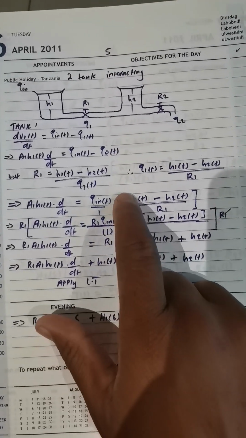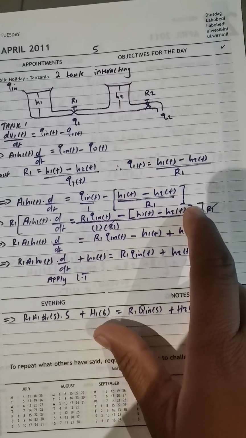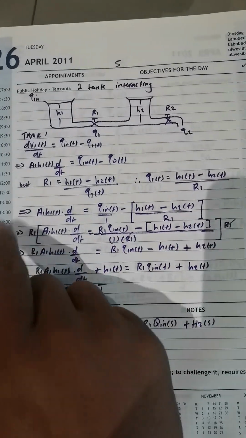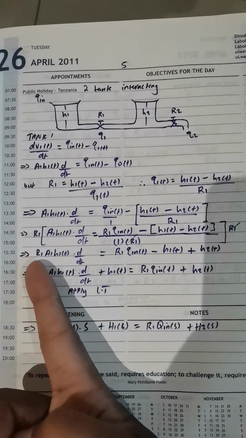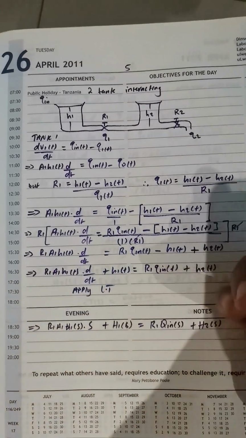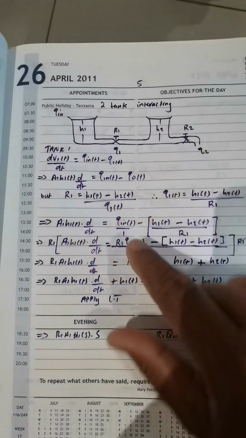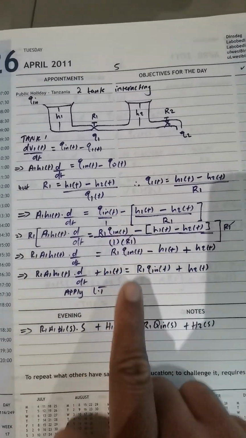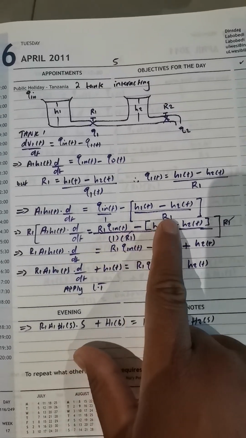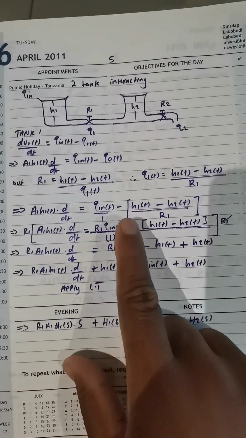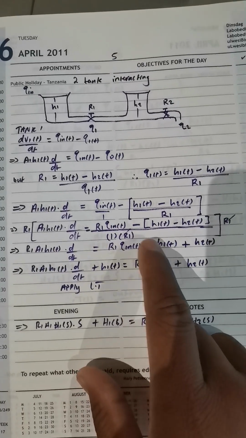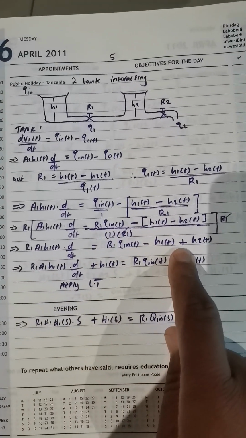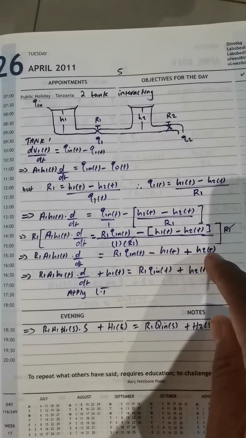Now you need to keep the square bracket, so you multiply negative times positive, so it becomes negative H1 at t, negative and negative so positive H2 at t.